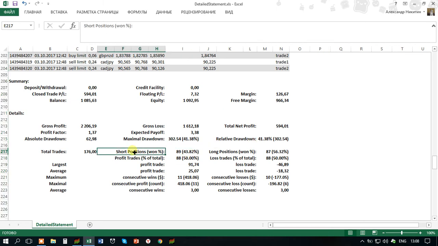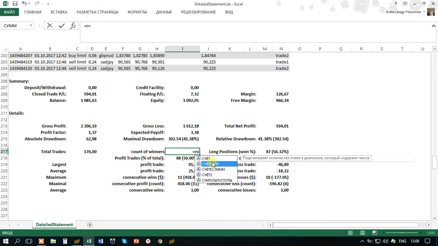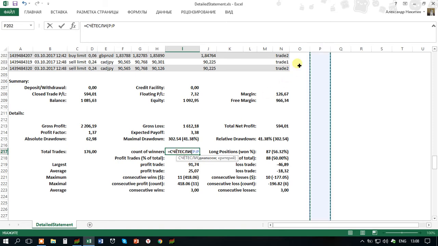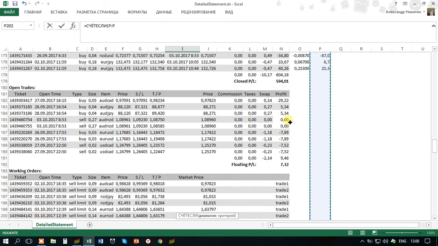Let's say, number, count of winners. Yes, and the formula will look this way. Equals count if within this range, P, let's say where it ends, P177.